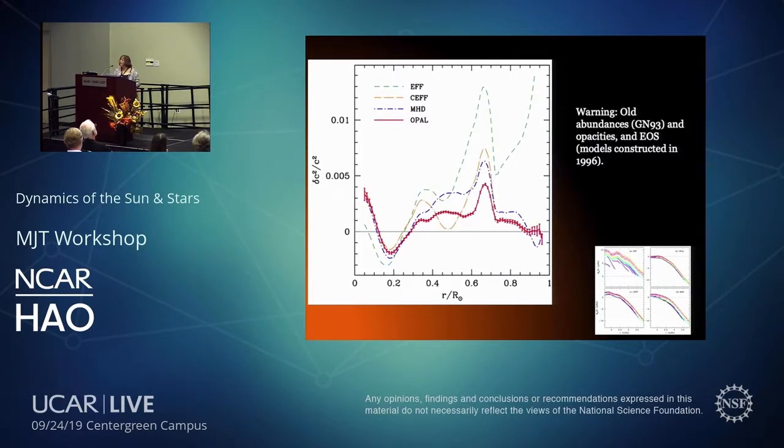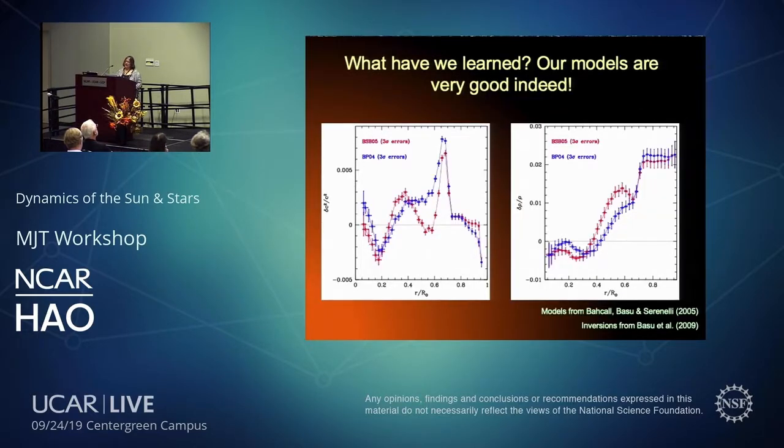So what have we learned so far? The first thing is that our solar models are actually very good. Look at the scale here. That's a 0.5% difference. In any other field of astrophysics, this would be zero.